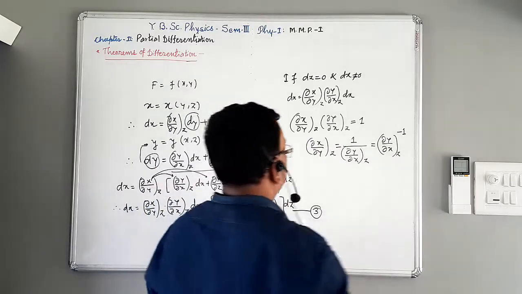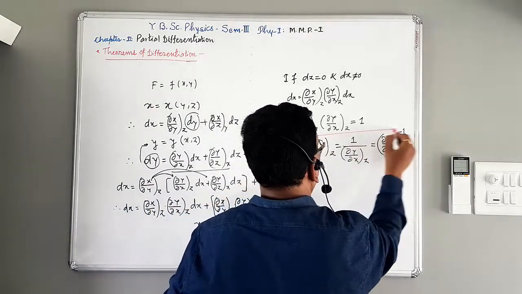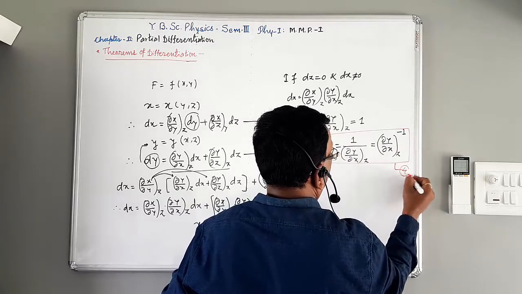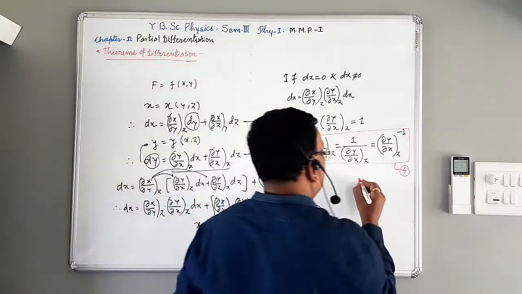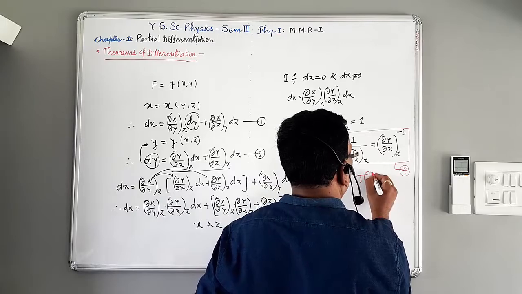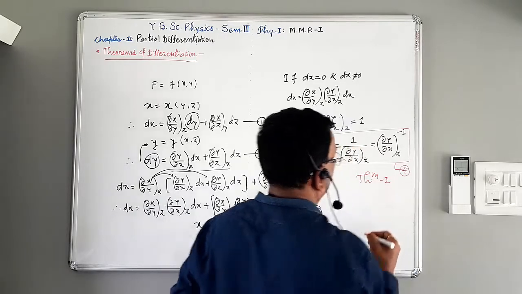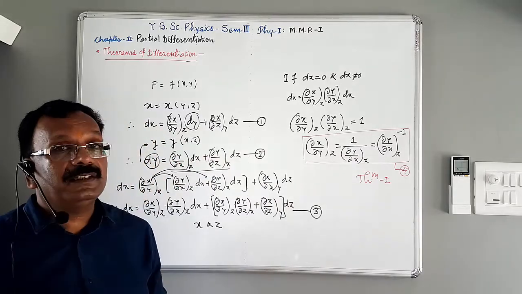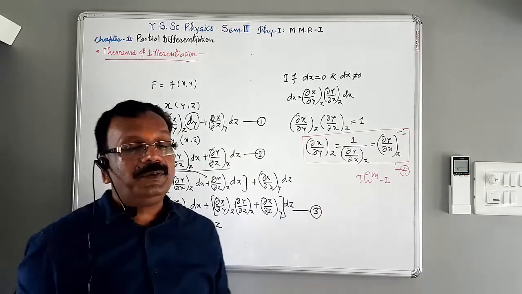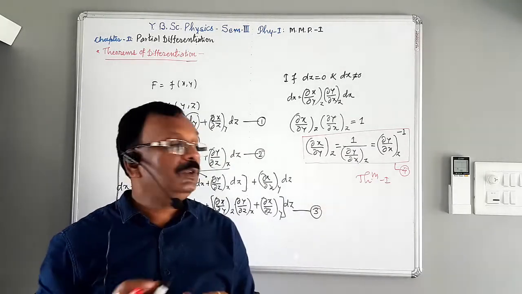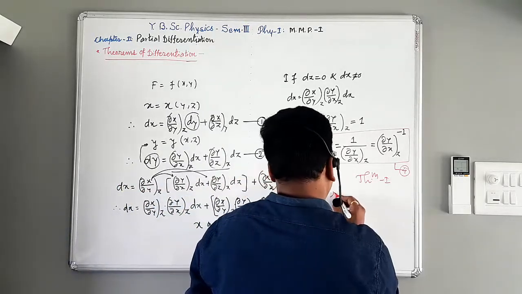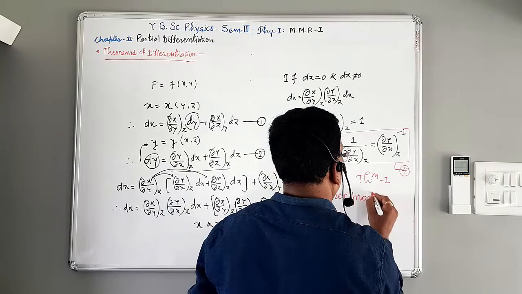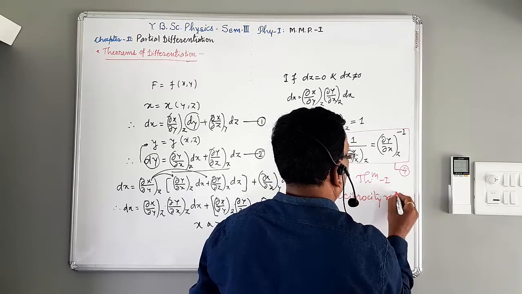This equation number 4 represents theorem first, and the relation expressed by equation 4 is known as the reciprocity relation.